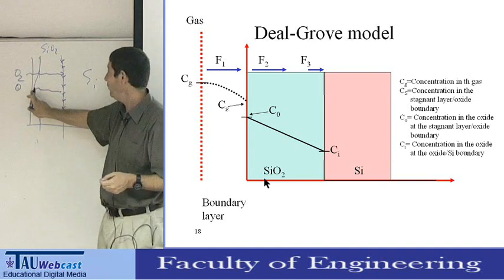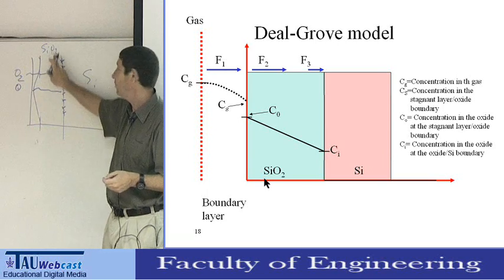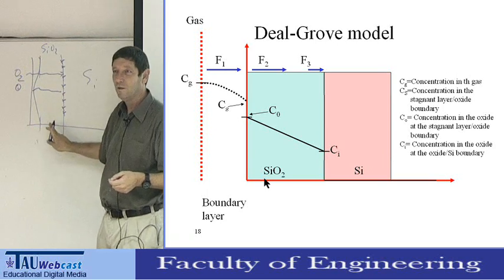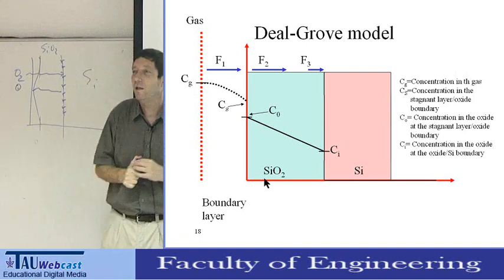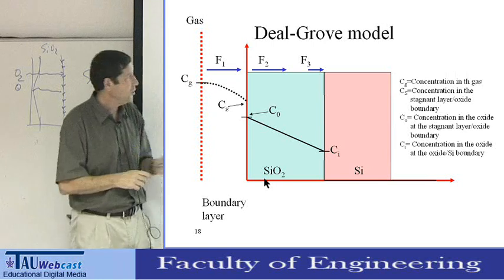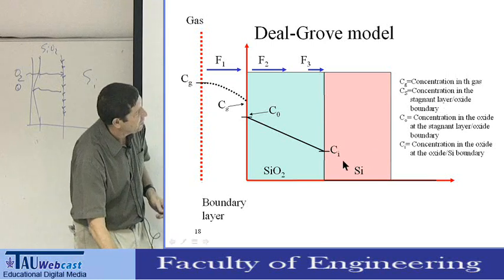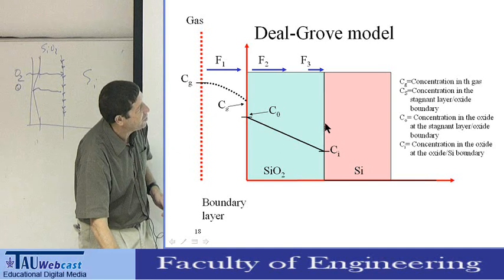If the reaction is on the surface, the isotope will appear here. If the reaction is by diffusion, the isotope will appear here. By using nuclear methods, people actually discovered that the reaction occurs here, and oxygen is diffusing through the structure, and the reaction is here.